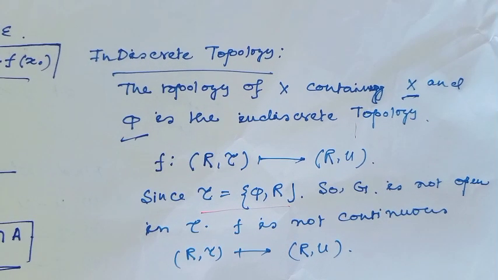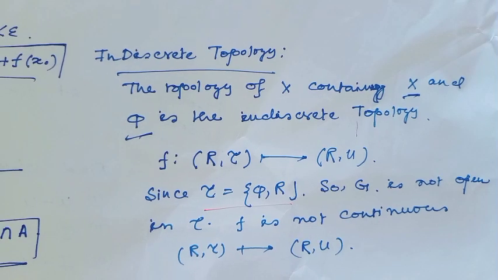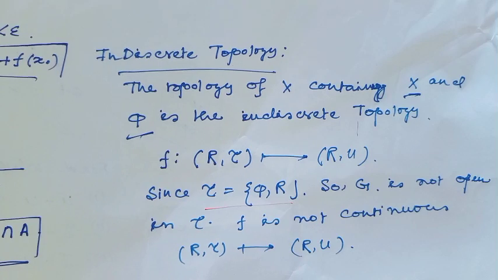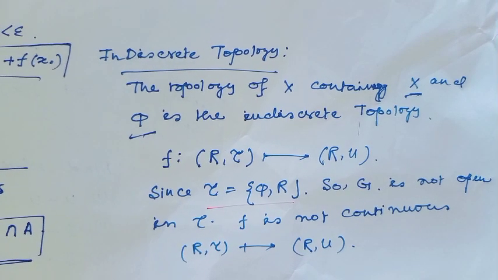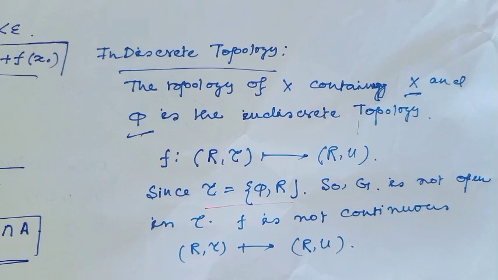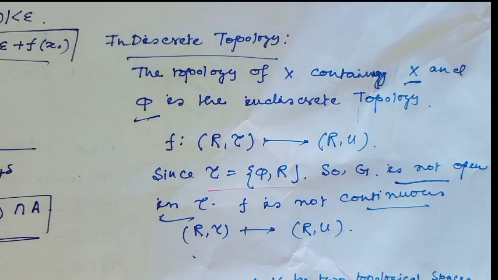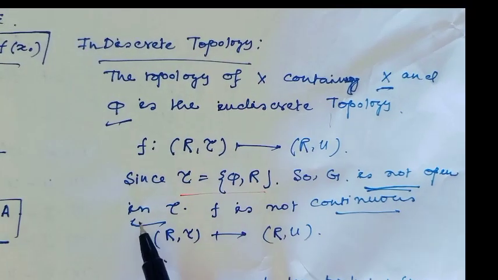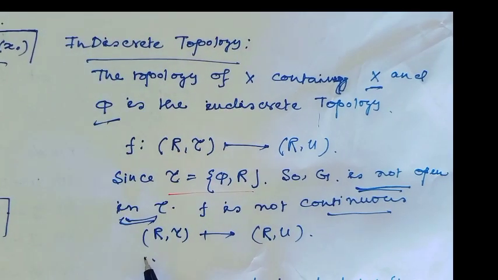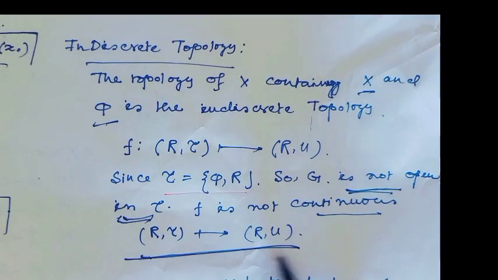Consider a function f from R with tau to R with usual topology. Since tau is the empty set phi and R itself, the set G is not open in tau. So f is not continuous from R tau to R usual topology.